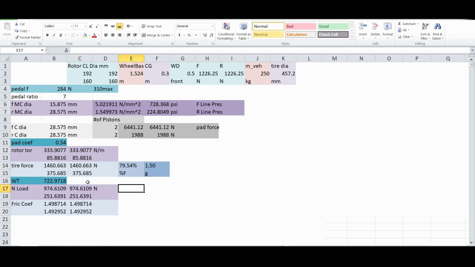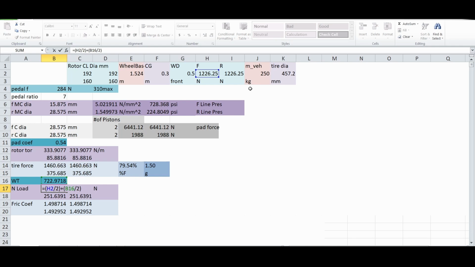So next we can calculate weight transfer from that longitudinal G. So we're taking the CG height times the G's times 9.81 for gravity to make that G's into meters per second squared, times the vehicle mass, and you're dividing by the wheelbase, and that'll get you longitudinal weight transfer.